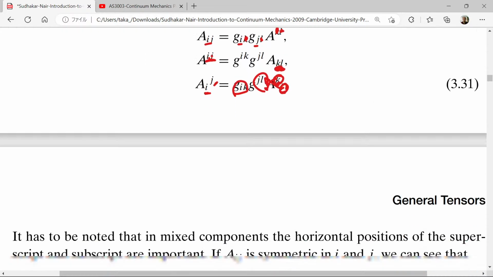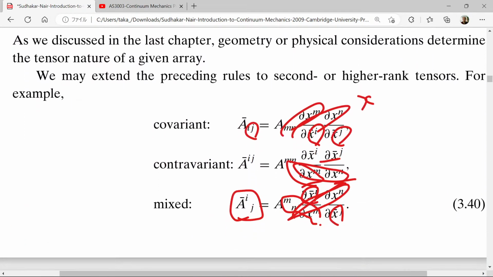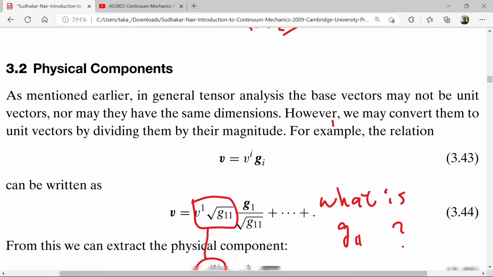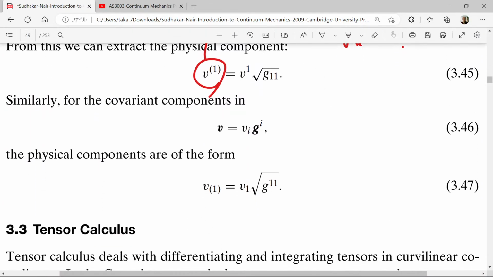Is it not so clear? I think the explanation is not sufficient. Okay, it's not clear.